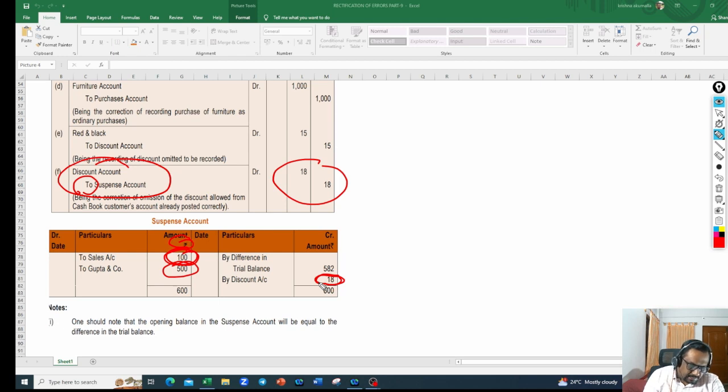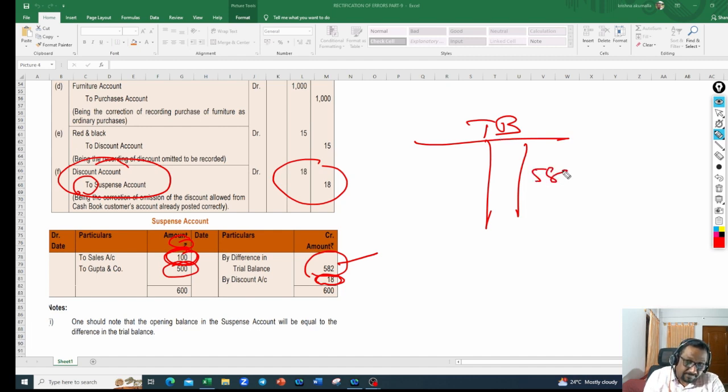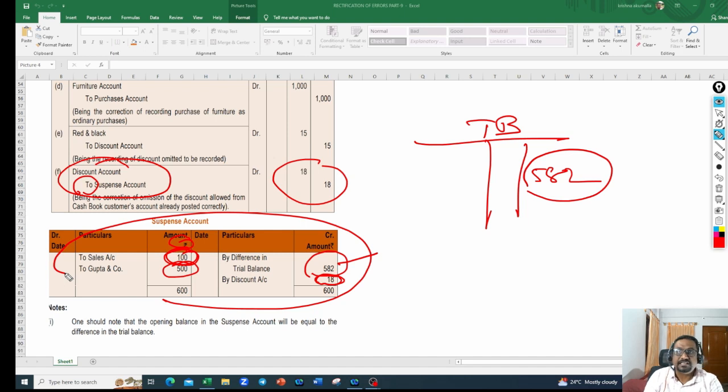Now if you balance this suspense account, you get 582 rupees. What is this 582? This 582 was the difference you identified in trial balance as credit balance. So to this extent, as soon as you prepare this, your suspense account is tallied. Simple.